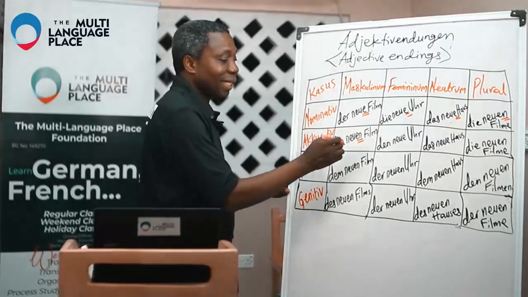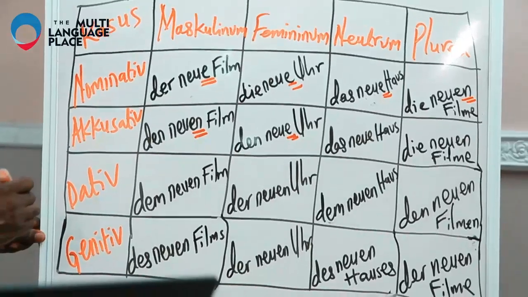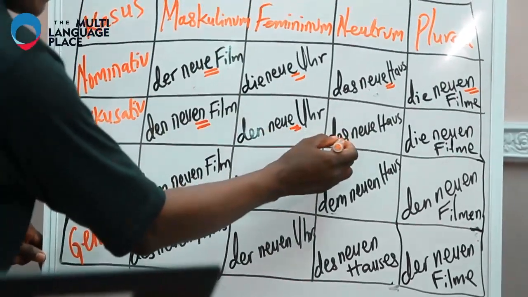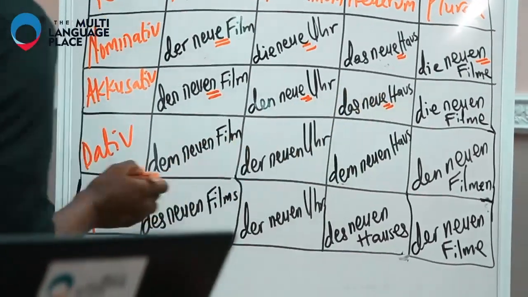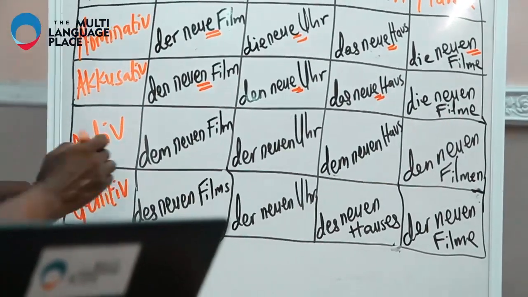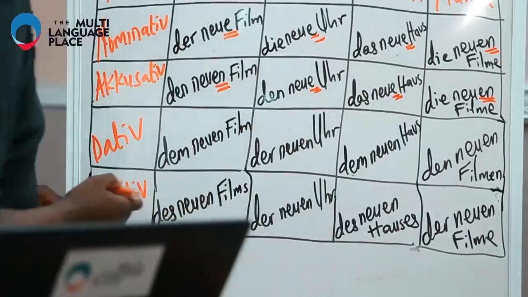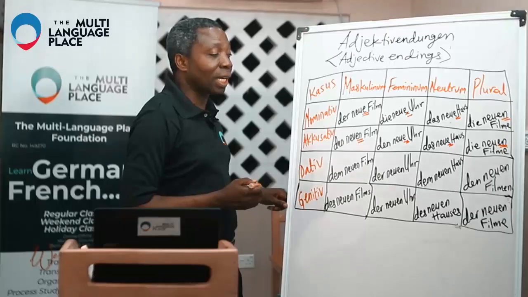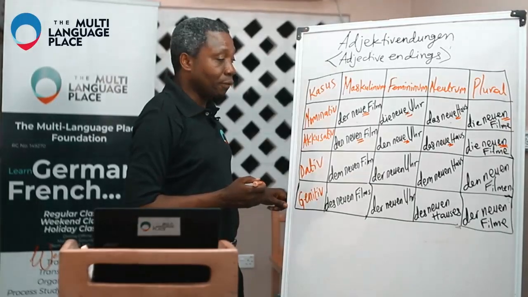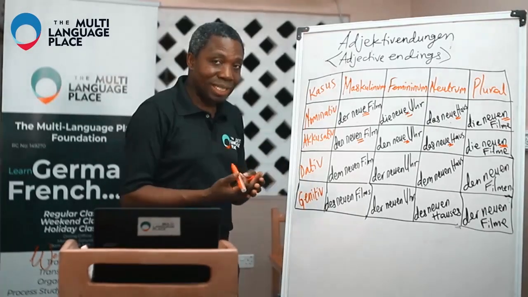For feminine, die neue Uhr. For neuter, das neue Haus, and the plural, die neuen Filme. Remember the plural, die neuen Filme. And then we come to the dative. Look at the changes, of course.